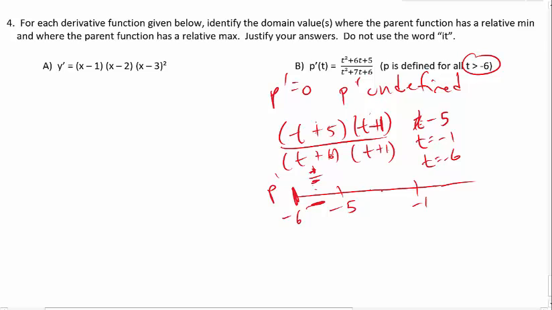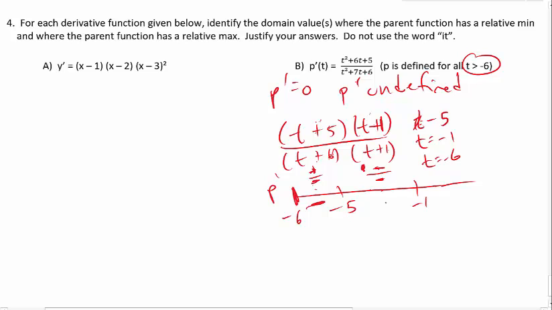If I test a number like negative 2, that'll tell me about the middle section. Plugging negative 2 into the first factor gives me a positive result times a negative result, because negative 2 plus 1 is still negative. A positive times a negative gives me a negative overall on top. Plugging negative 2 into the bottom gives me a positive factor here times a negative factor here, which is negative.